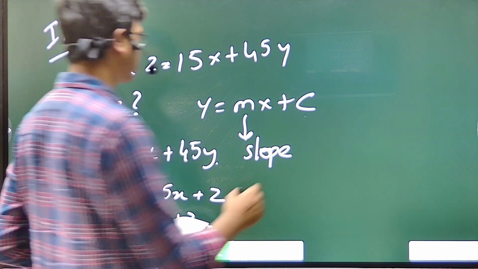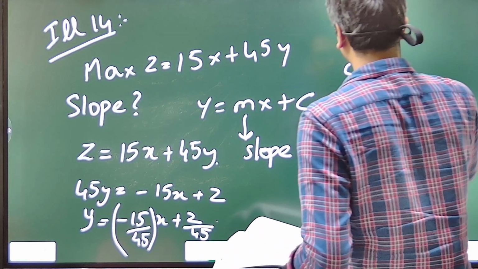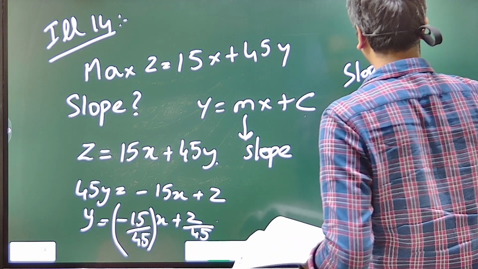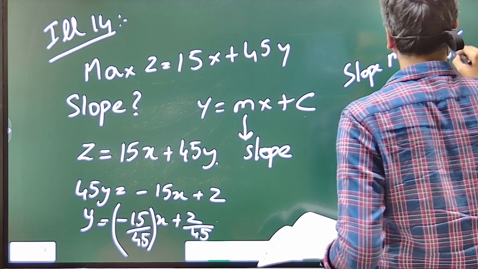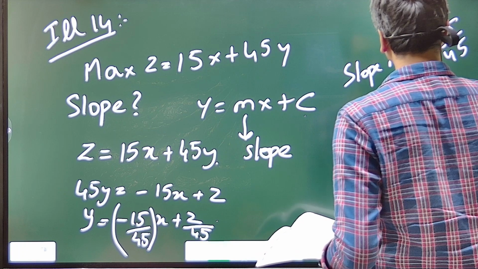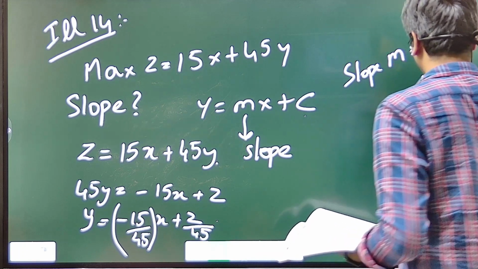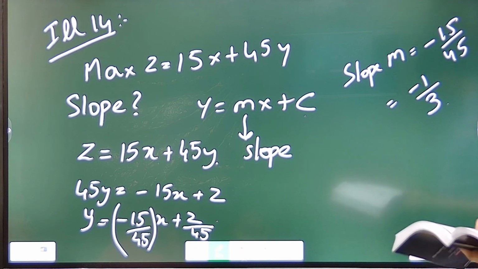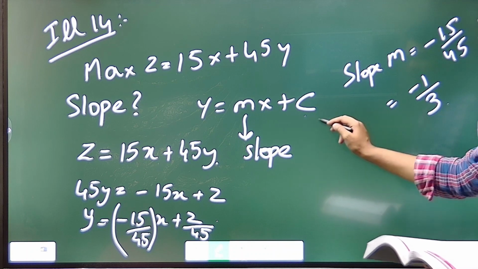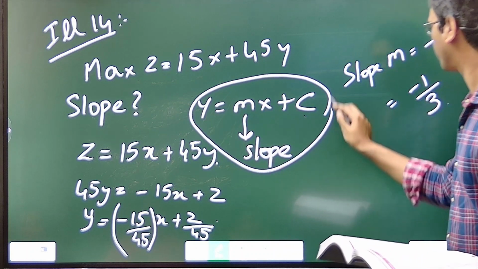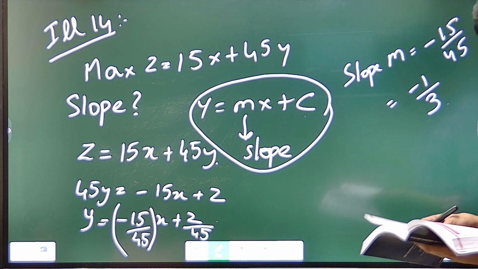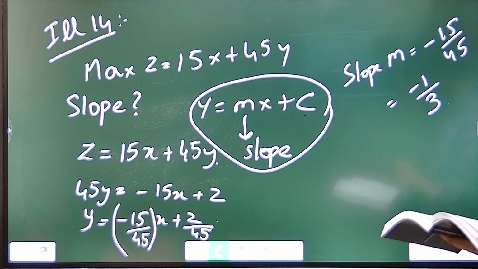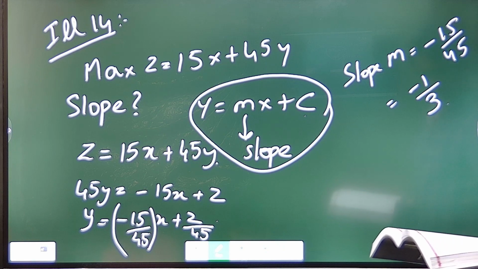So slope m equal to minus 15 by 45, that is nothing but minus 1 by 3. Just a simple problem. This equation you have to know. Now let us look at illustration number 16.